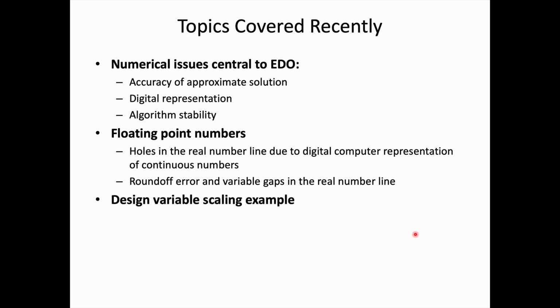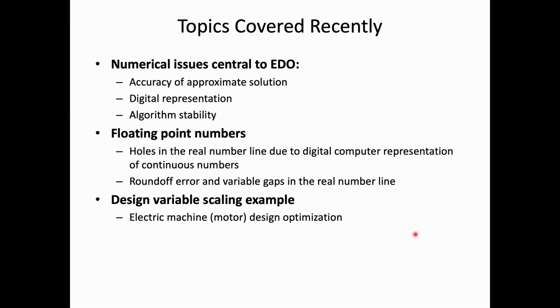We went through an example where we saw how having a design optimization problem where the optimization variables differed by orders of magnitude had a big impact on numerical results.